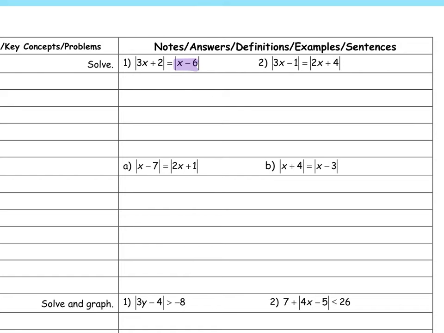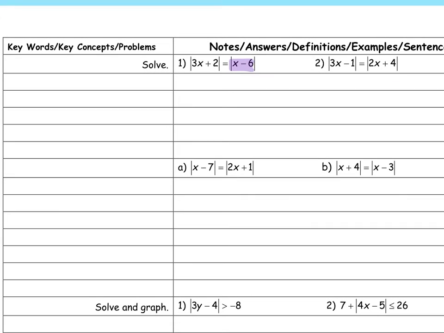Well, how do I do that? I write it this way. So I have 3x plus 2 equals the positive of that, x minus 6.